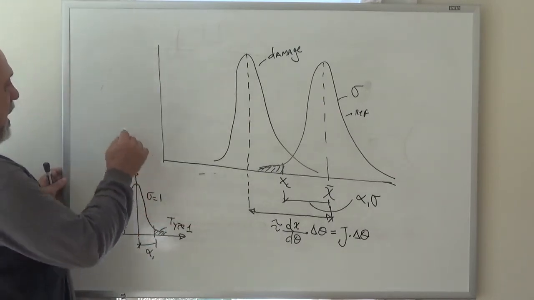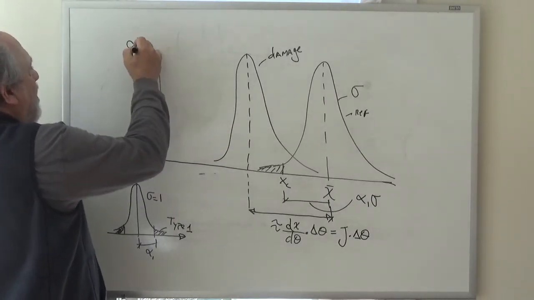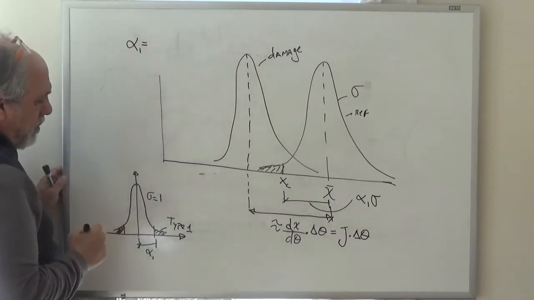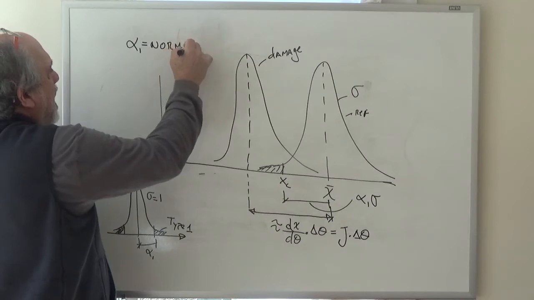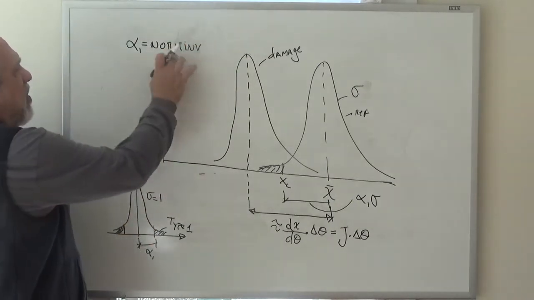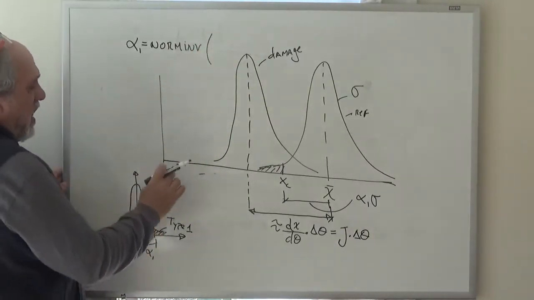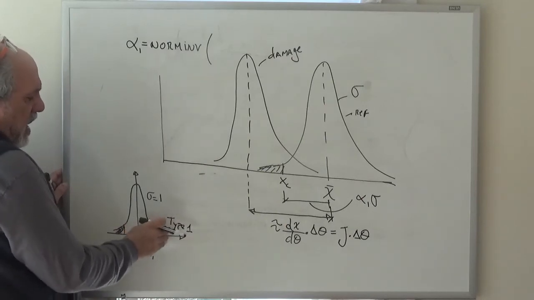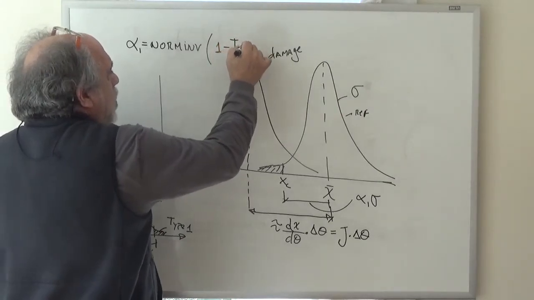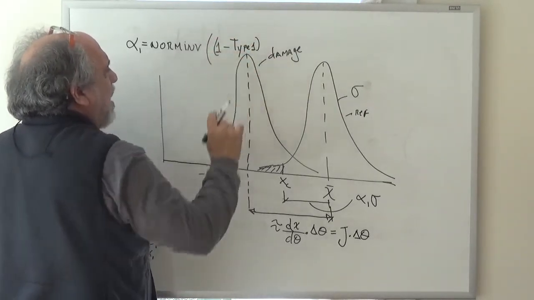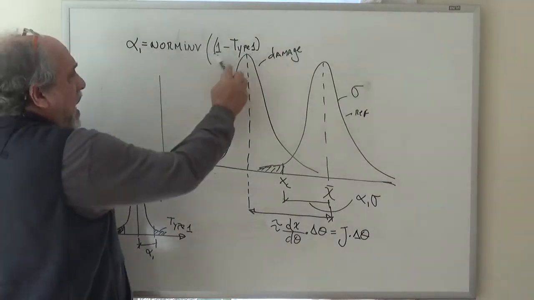If I were in MATLAB, I would simply say alpha 1 is equal to norminv, that is the inverse of the normal cumulative distribution, of 1 minus type 1. And if we have type 1 equal to 5%, that would be 0.95, right?